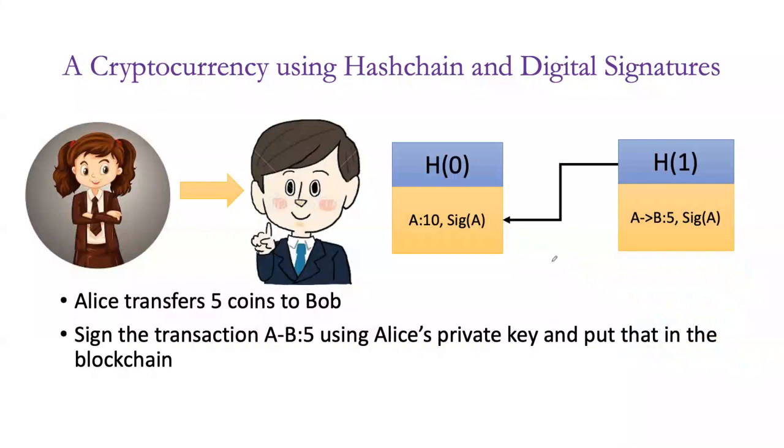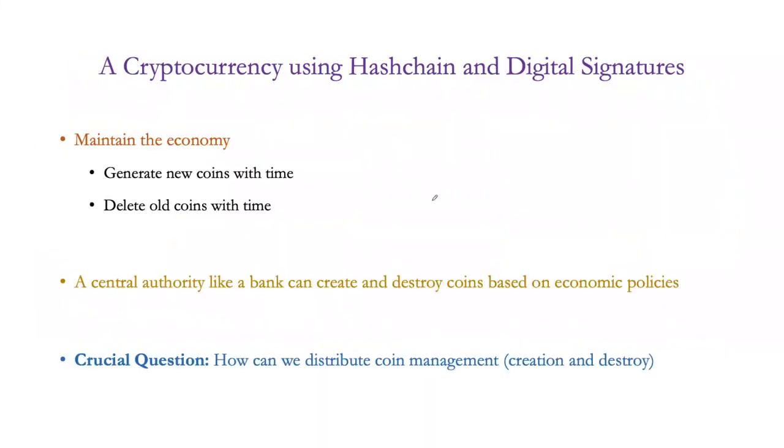So this is cryptocurrency using hashing with the digital signature, one of the applications of that. In this case, maintaining the hash chain and the digital signature maintains the economy, which generates new coins with time.